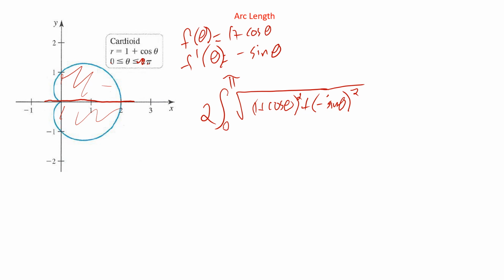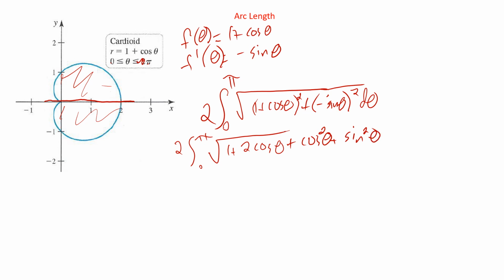So we can square the pieces. 0 to pi of square root, oh, we have d theta up here. 1 plus cosine theta squared will be 1 plus 2 cosine theta plus cosine squared theta. And then negative sine squared, it'll be plus sine squared theta. Well, cosine squared plus sine squared equals 1. So that can add over.